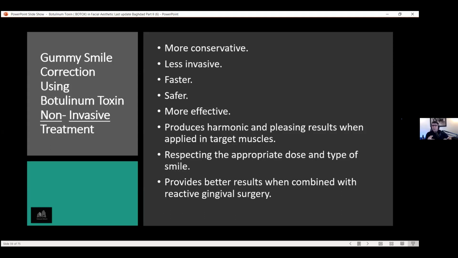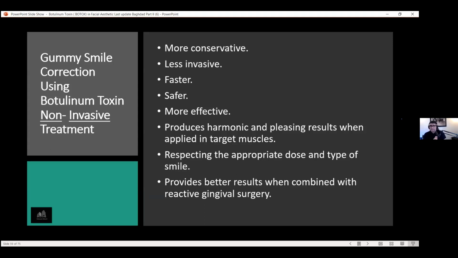So if the problem is with the muscular part of your gummy smile, it is very easy to manage the harmony, because you're going to check your patient after 10 to 15 days. After 2 weeks, you're going to add some points. So you're going to plan to get more symmetry than if you cut something with surgery.